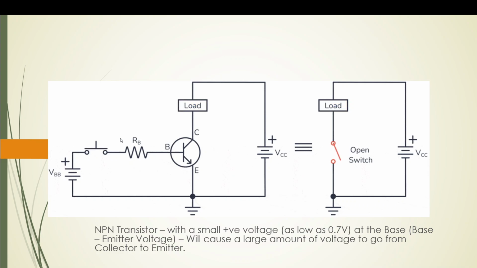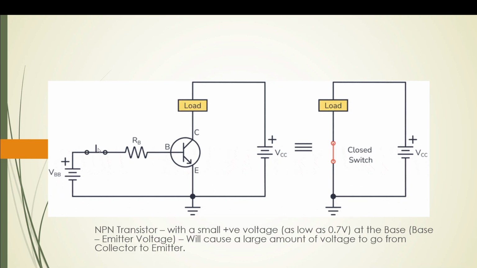Now you saw that we are basically using a physical switch, like a normal push button switch. Normally in a circuit, when we use it like a switch, we do not use a physical switch.